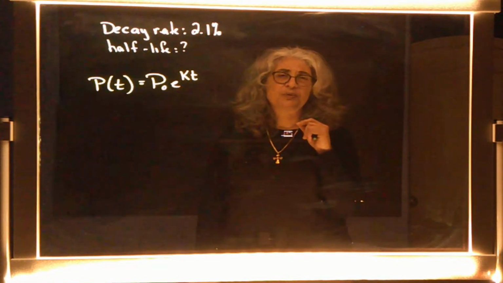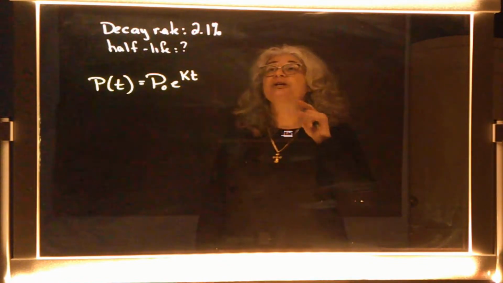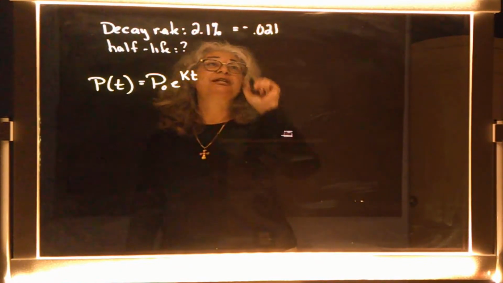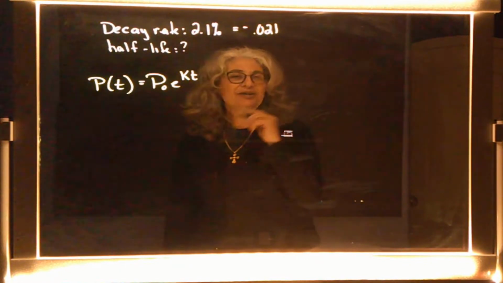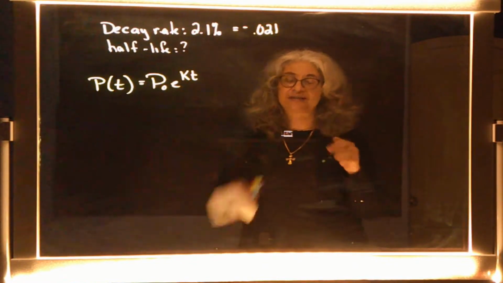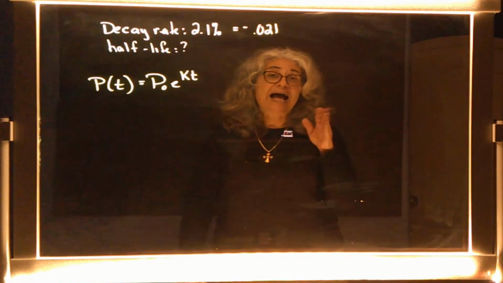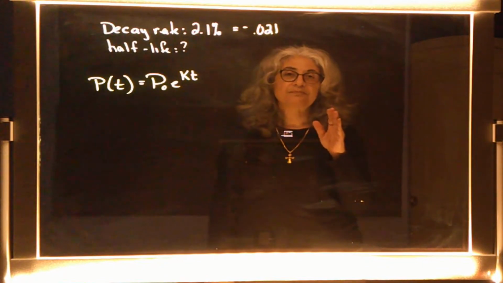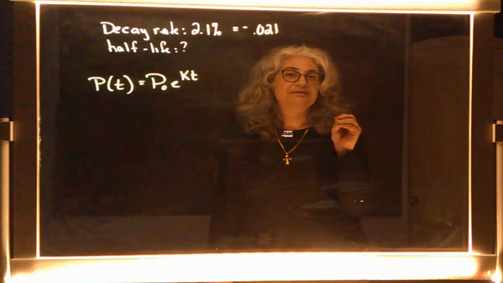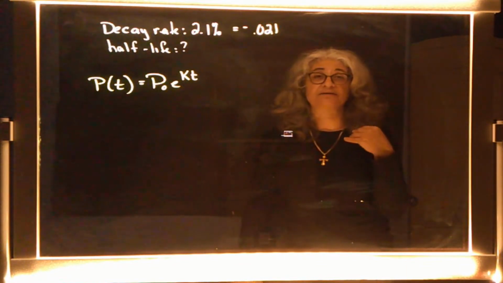So how do you write 2.1%? Good, 0.021. Agreed. But since it's a decay rate, yeah, you're going to put a negative in front of it, aren't you? Now here's the interesting thing. They're talking about half-life. They want to know the half-life of the element. Well, let me explain to you what half-life actually means. Half-life means how long does it take for a certain element to decay 50%.